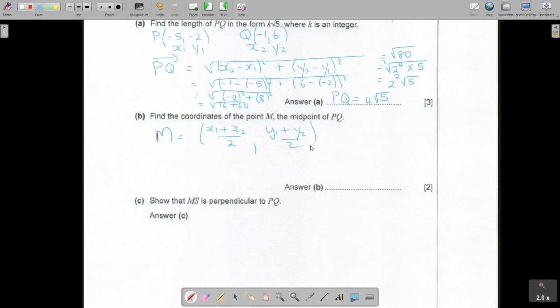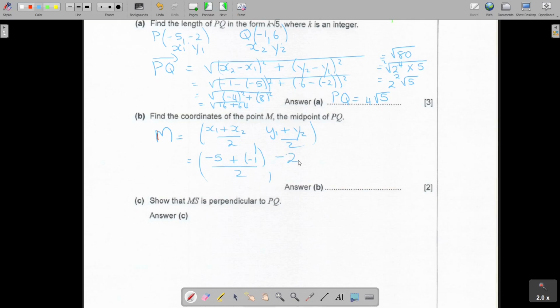Now, because it's the same points, I'm just going to put them in. So in the place of x1, I put negative 5. And in the place of x2, I put negative 1. Okay, and I divide by 2. And then in the place of y1, I put negative 2. Okay, let's just get the pen.